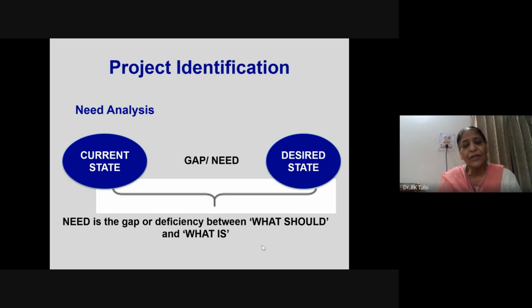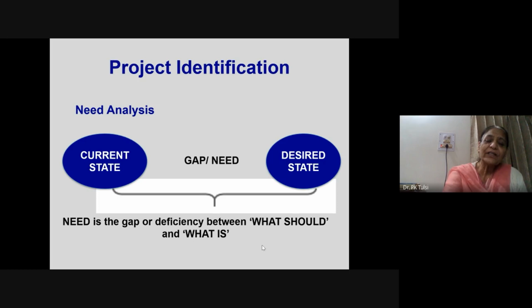So employability, when it comes to the institution, means it wants the maximum number of students to be absorbed by the industry through campus interviews or after they pass out from the institution. The desired state is always a benchmark fixed by the institution, organization, or the industry.